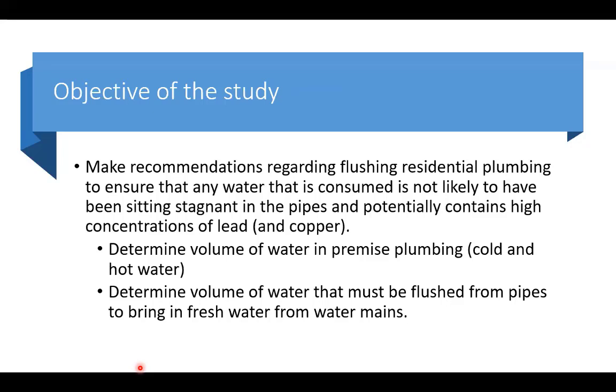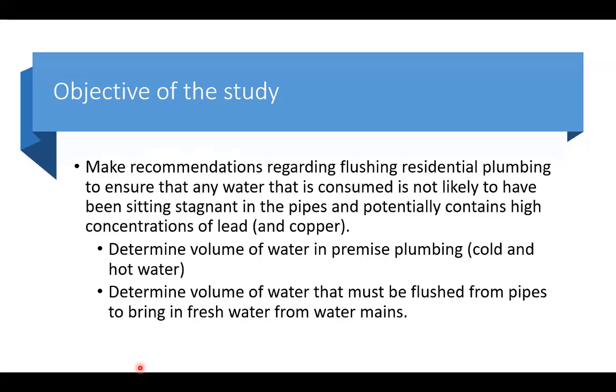You'll be making recommendations to ensure that any water that is consumed is not likely to have been sitting stagnant in the pipes and will not potentially contain high concentrations of lead and copper.